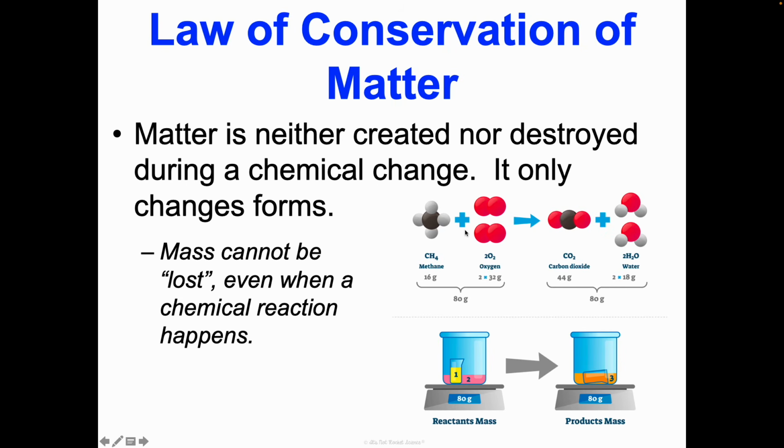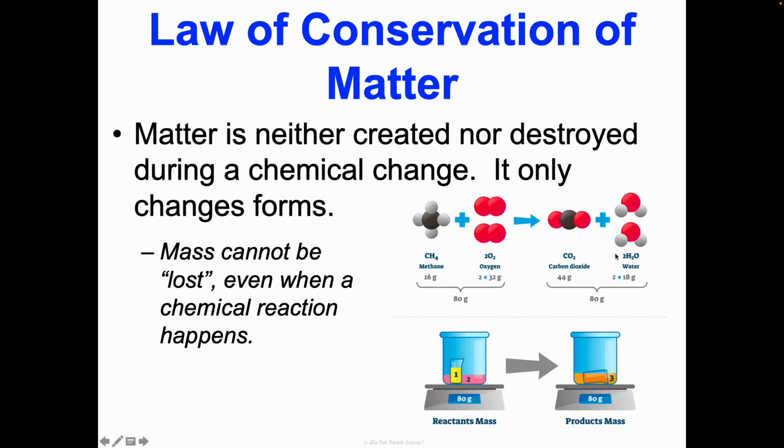So another way to think of this is that mass cannot be lost even when a chemical reaction happens. So for example, let's say you're reacting CH4, which is methane, and you're reacting oxygen. And let's say you have 16 grams of methane and you're reacting 64 grams of oxygen. That's 80 grams of reactants. If you have 80 grams of reactants, at the end of the reaction, we should have 80 grams of products.